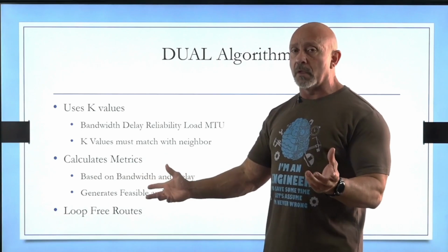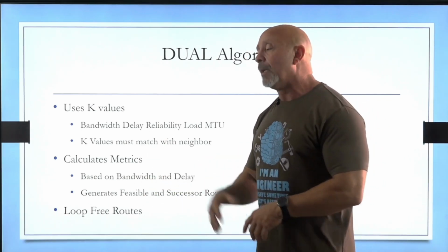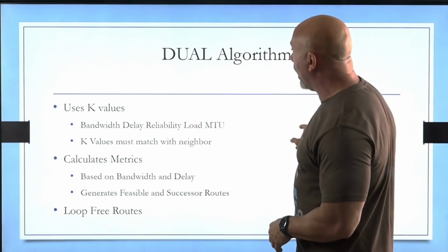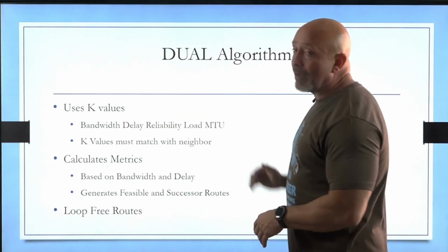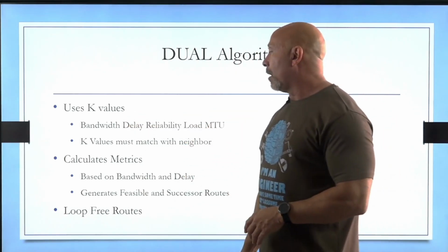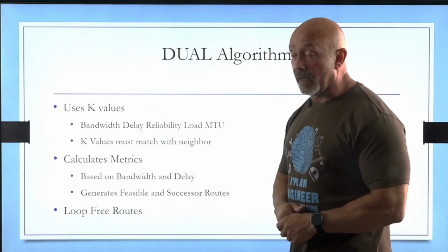EIGRP will say, oh, what's going on here? And then you'll have too many feasible successors, and that can create a problem, but that's beyond the scope of the CCNA. All right, so this is your DUAL algorithm. Remember your K values, please, because you will be asked this, I guarantee it. They're called K values, and there are your K values right there.